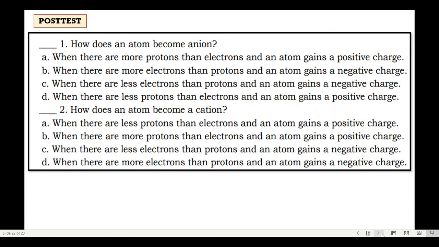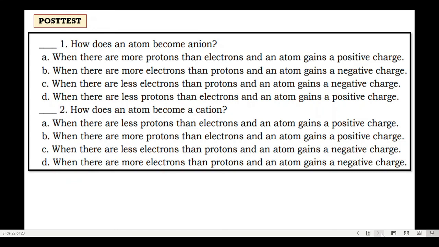process. Number 1. How does an atom become an ion? A. When there are more protons than electrons and an atom gains a positive charge. B. When there are more electrons than protons and an atom gains a negative charge. C. When there are less electrons than protons and an atom gains a negative charge. D. When there are less protons than electrons and an atom gains a positive charge.